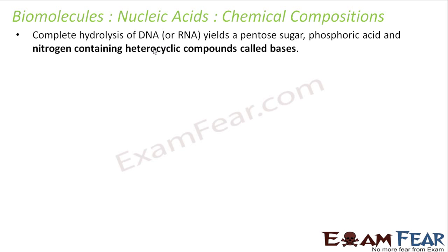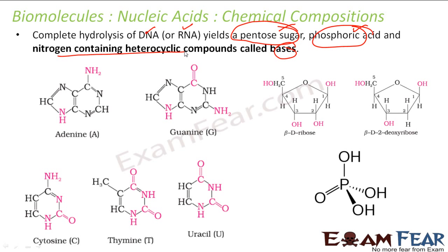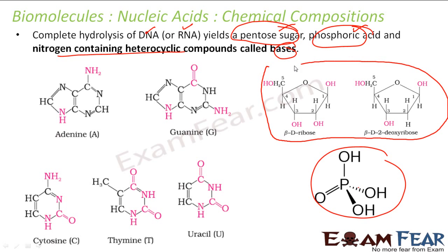So the chemists did a complete chemical hydrolysis of DNA and RNA, and they found that it yields pentose sugar, phosphoric acid, and some nitrogen containing base. They got phosphoric acid, two different kinds of sugar, and some base.